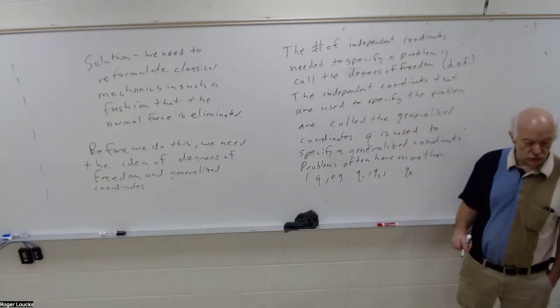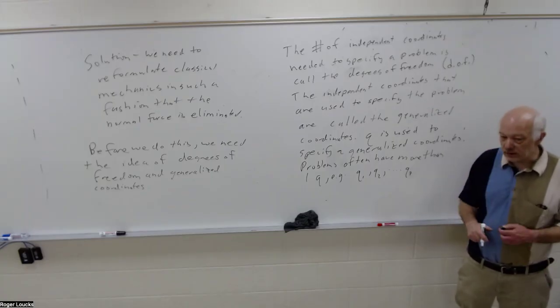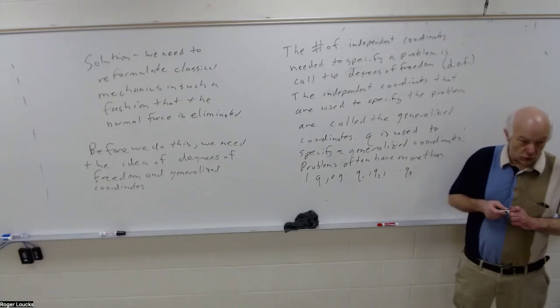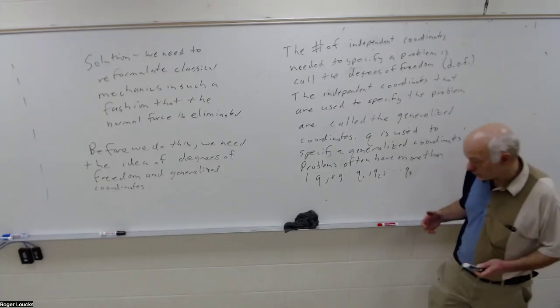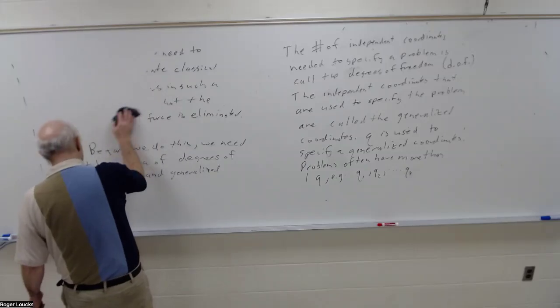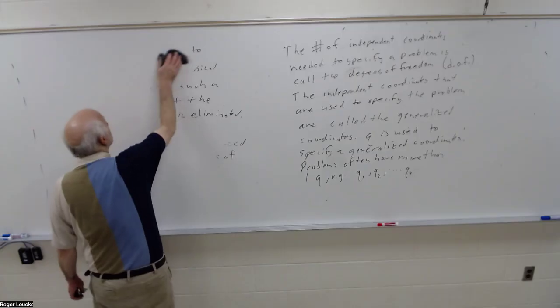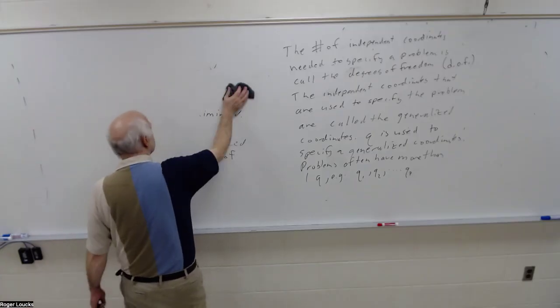Maybe there are going to be 7 generalized coordinates. I think the only way to really get an understanding of this is to start doing a whole bunch of examples, and we can understand what that word independent means.